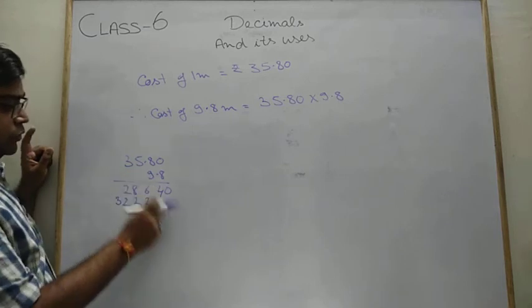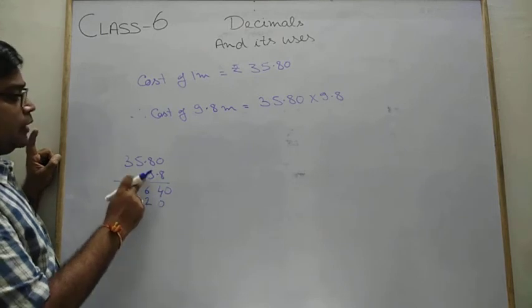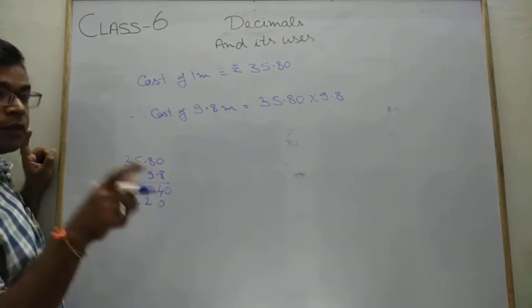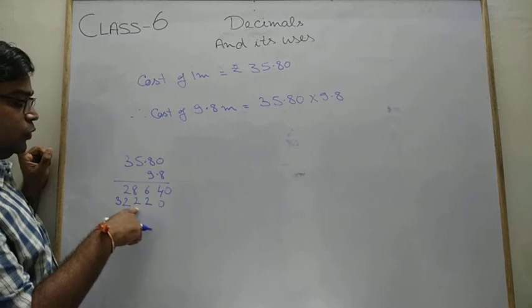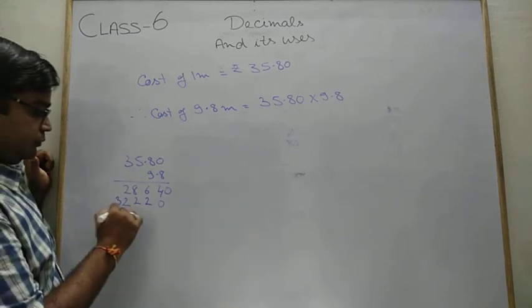Again 9 0 0, 9 8s are 72, 7 carry, 9 5s are 45 plus 7 is 52, 5 carry, 9 3s are 27, 27 plus 5 is 32.